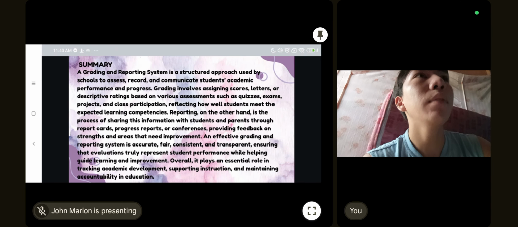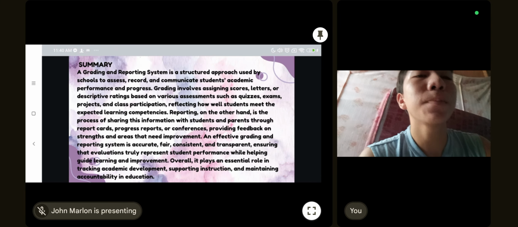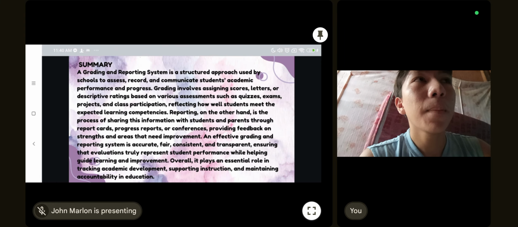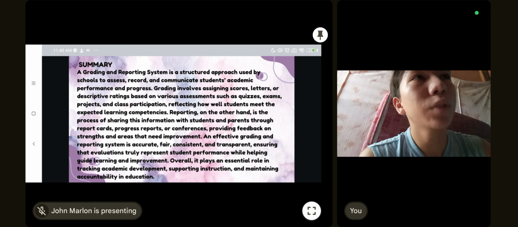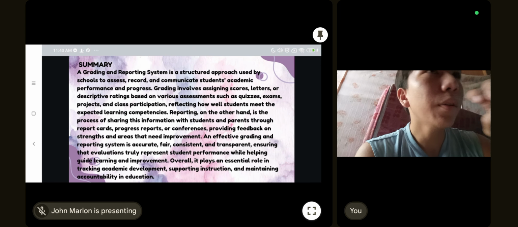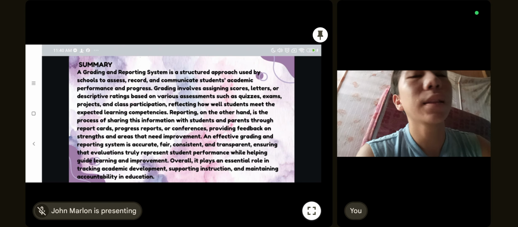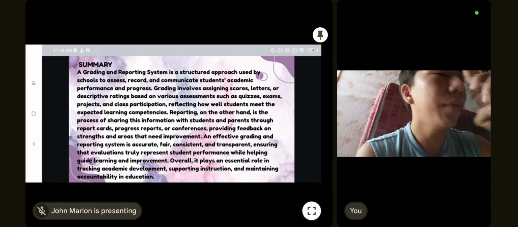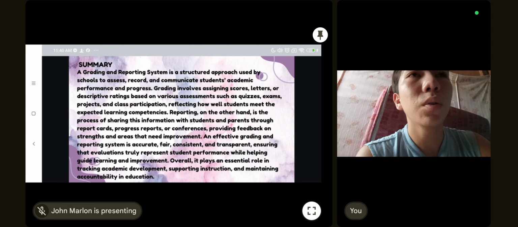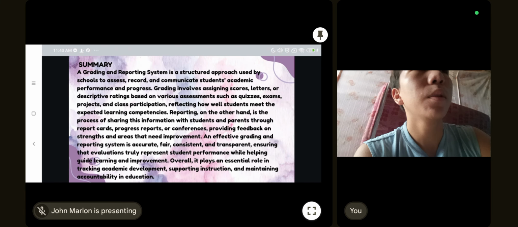I believe that teachers have to be very transparent in the grades, to show them to the students and also to the parents. Grades play a crucial part, especially for students, to see their progress, grade by grade, year by year. It is a great way to assess the student and also to see their progress.